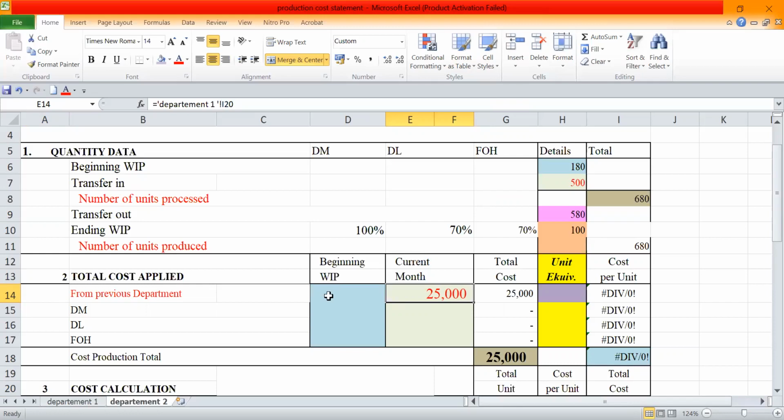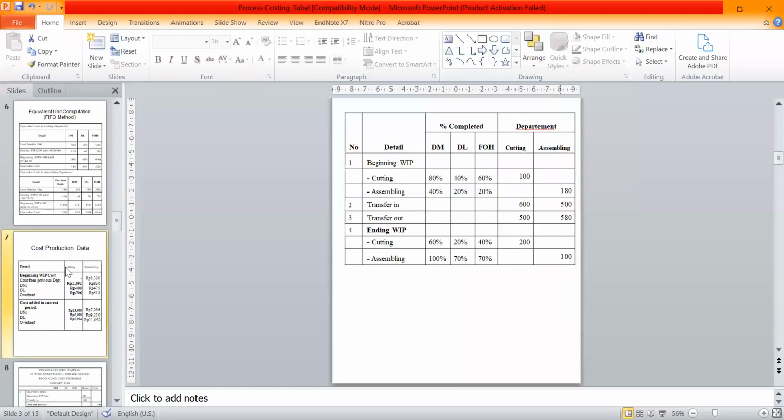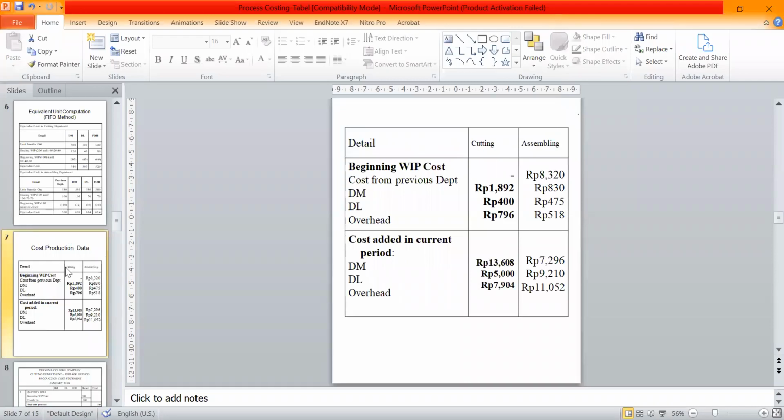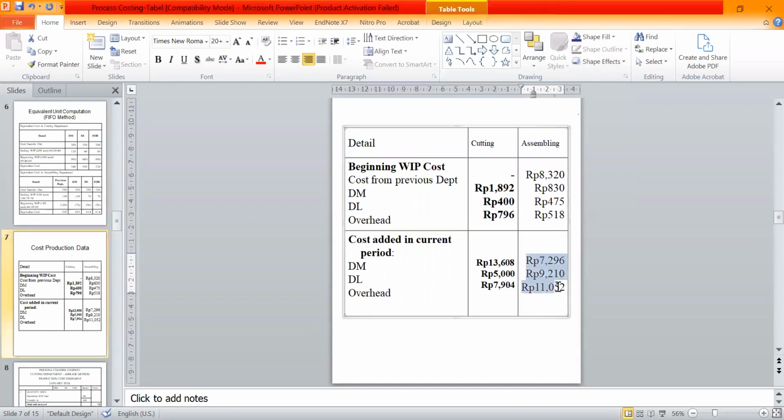And then for the rest of the area, which is still missing here, we just input it again from the information from the problem, the cost production data. The cost added in the current period for the assembling department is here. So we enter this for the cost added in the current period, and then the beginning work in process cost is here.